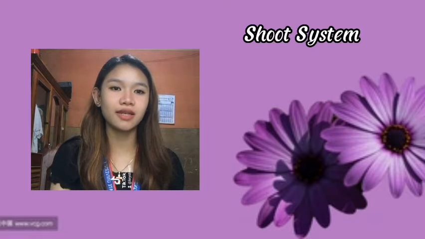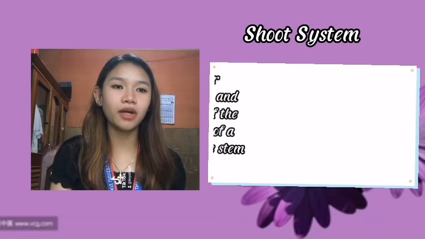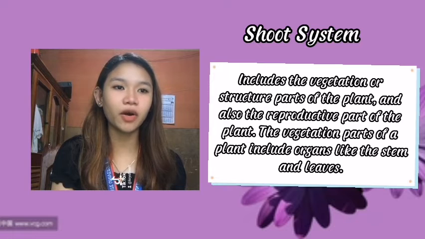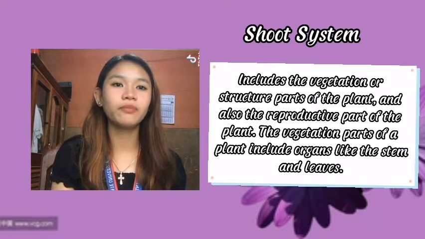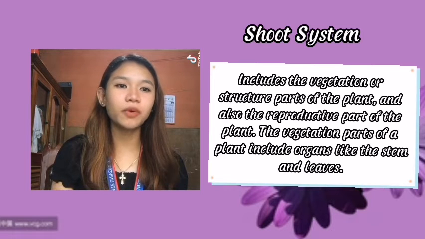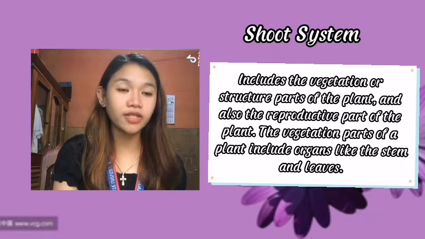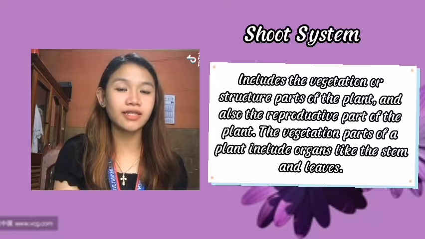The other portion is the above-ground organ system, known as the shoot system. The shoot system includes the vegetative structured parts of plants and also the reproductive parts of plants. The vegetative parts of the plant include organs like stems and leaves.